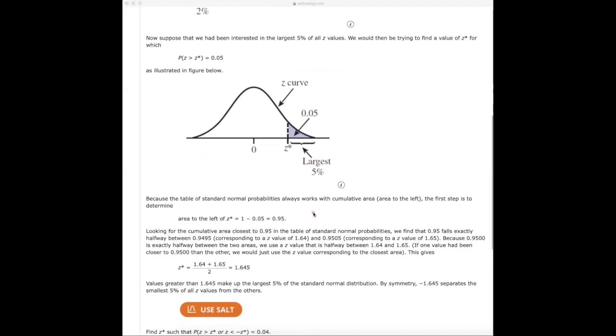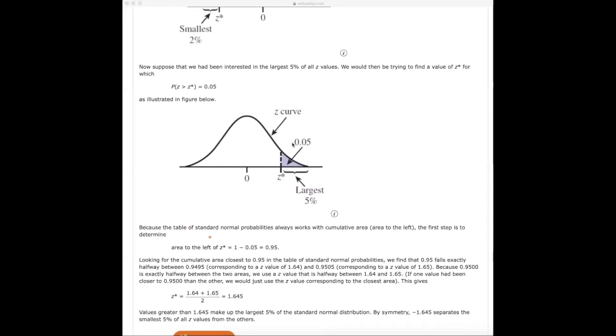Similar to the table of standard normals, Excel also gives us the value to the left under the curve. We do need to find the probability that will be to the left of the curve. So if we're looking for the value where the probability that z is greater than it is 0.05, then because the probability under the entire curve is 1, the area under here to the left is 0.95.